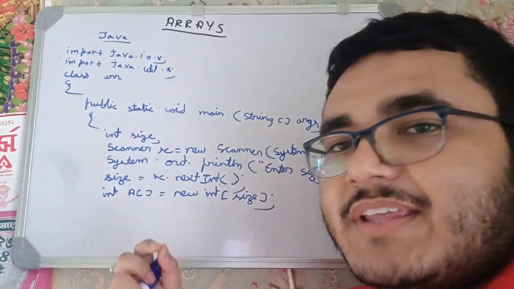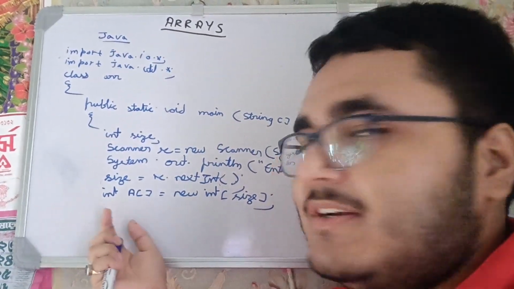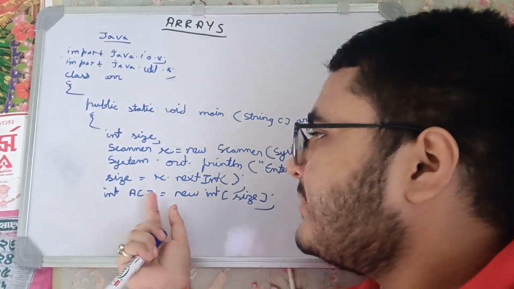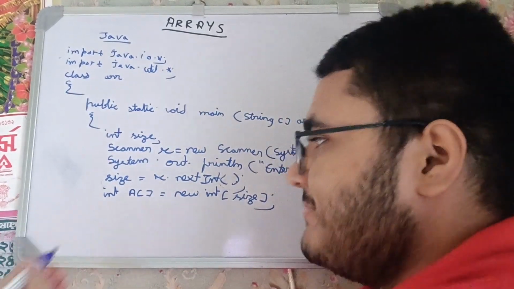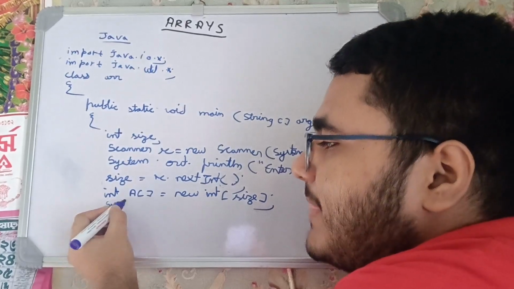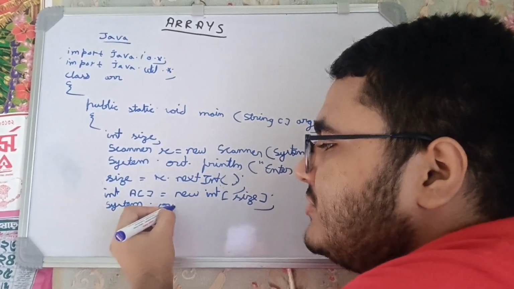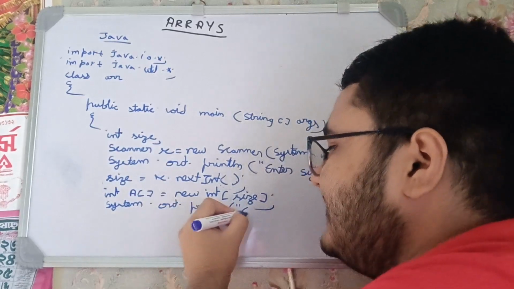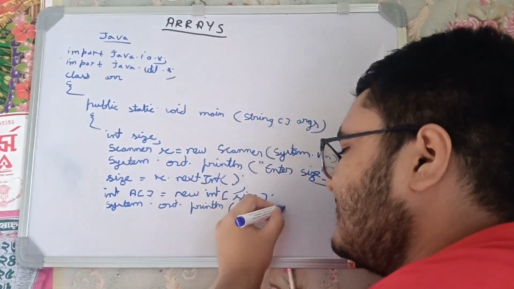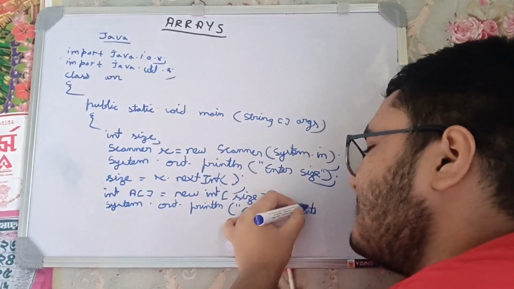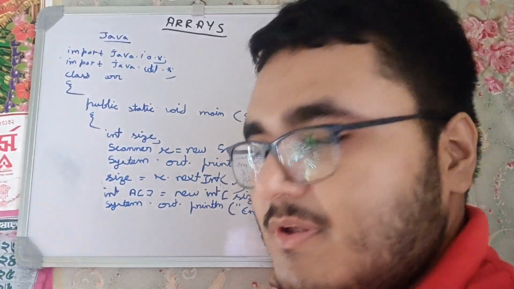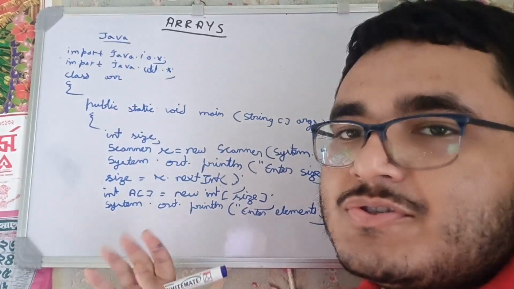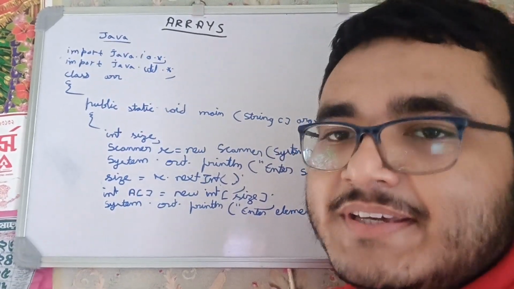Now we need to take the elements also from the user, right? So we can give the user a message, System.out.println("Enter elements"). Now what can we use to take input in each block?